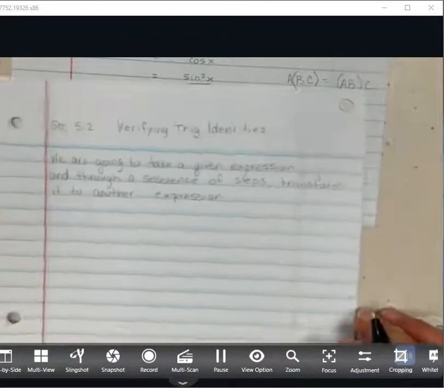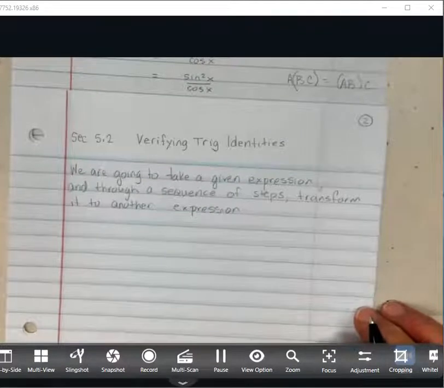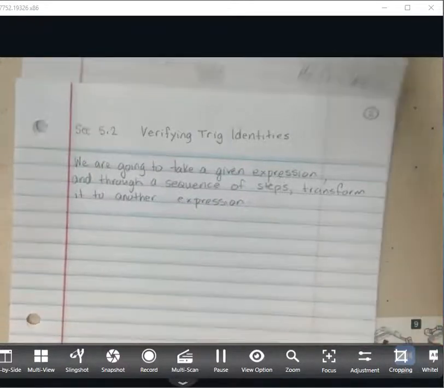These two expressions will be called identities because they're identically equal to one another, give or take some rearrangement of terms.